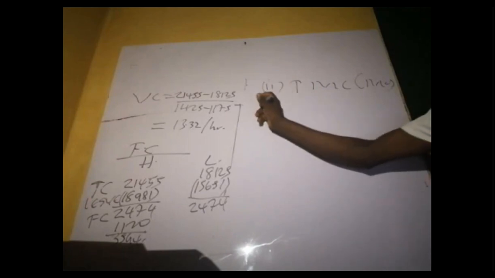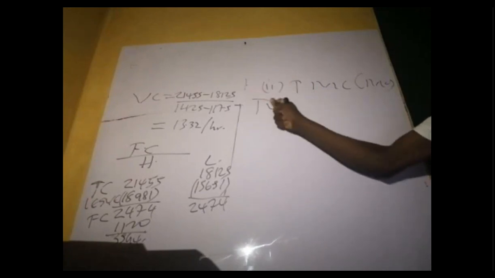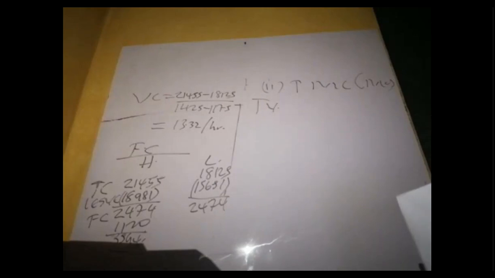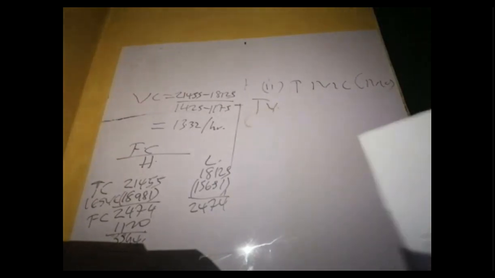Show the examiner that the variable cost will be the total variable cost at this level. How do you get a variable cost? As usual, the variable cost per unit times the activity level. So the variable cost per unit will be 13.32.